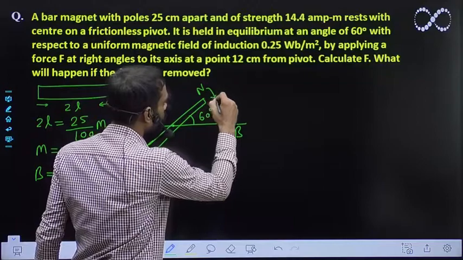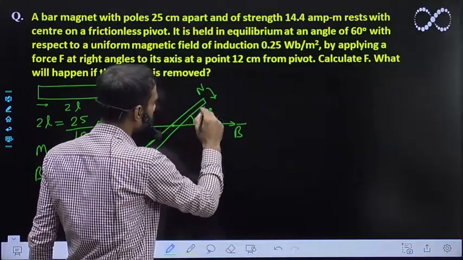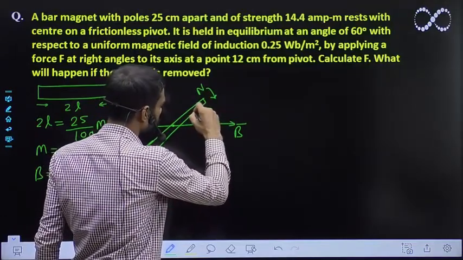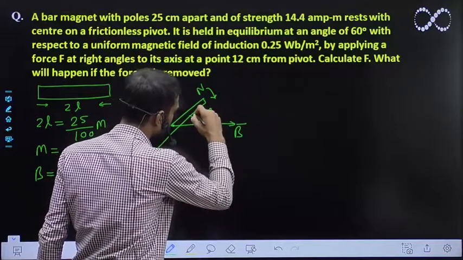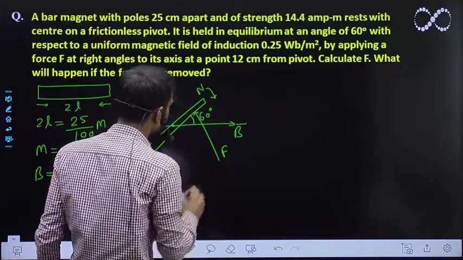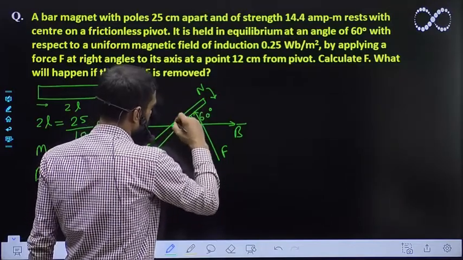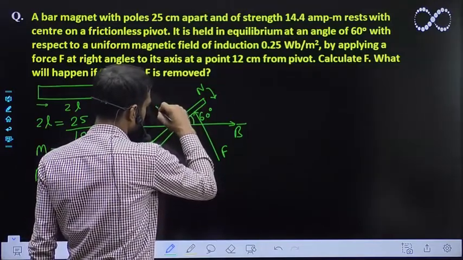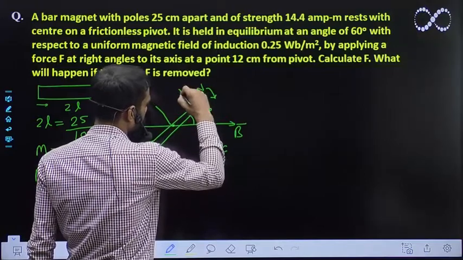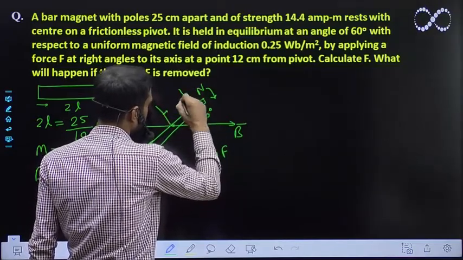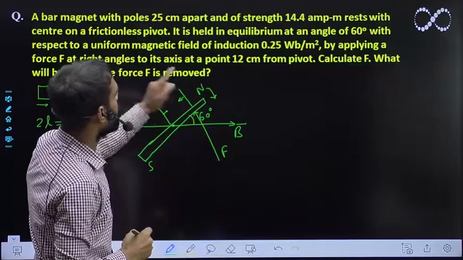If you want to make it in equilibrium, you will have to apply some force here. Let us take that some force F is applied here, and the distance from the axis is given, 12 centimeter.